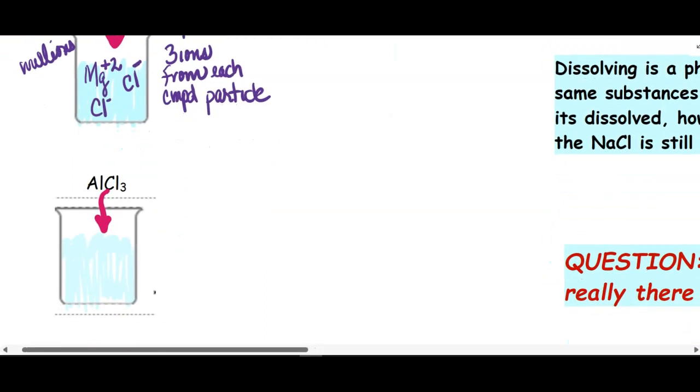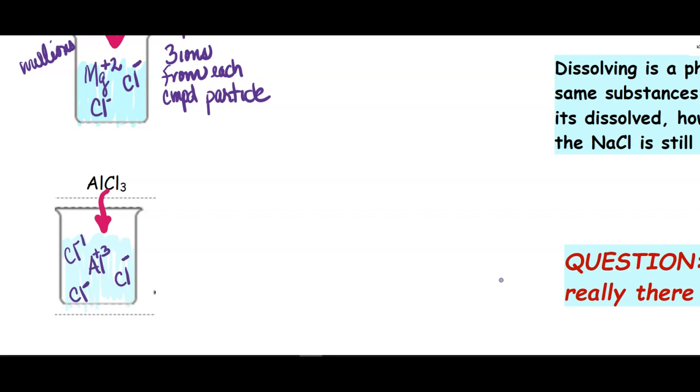And then what about AlCl3? It's also very soluble in water. And we notice that for every one aluminum ion, +3 ion, there are 3 chloride ions. So we'll put the aluminum +3, and we know there's a chlorine. And remember, all the ions are going to separate, aren't they? Why?